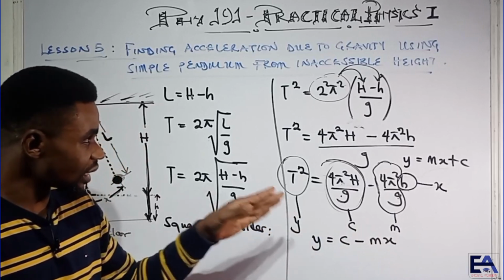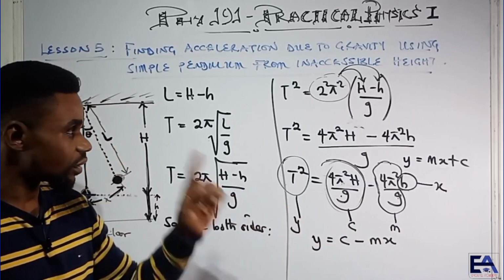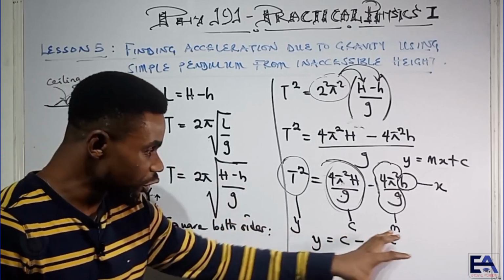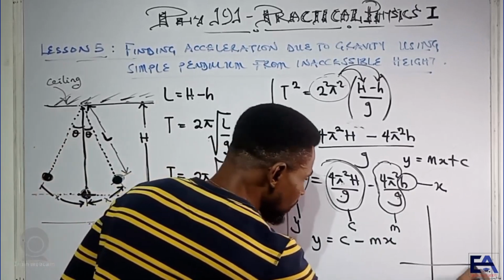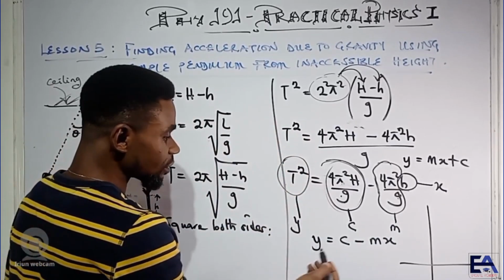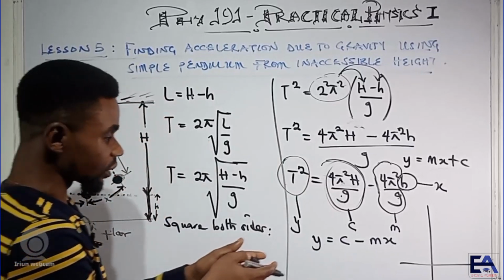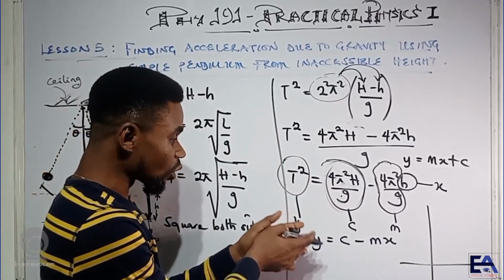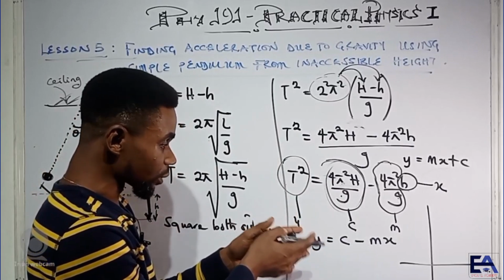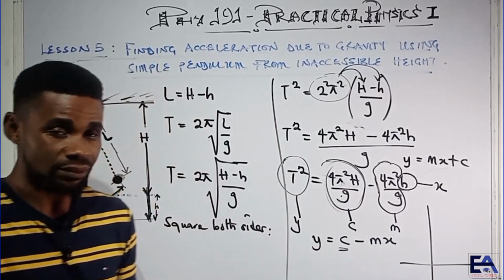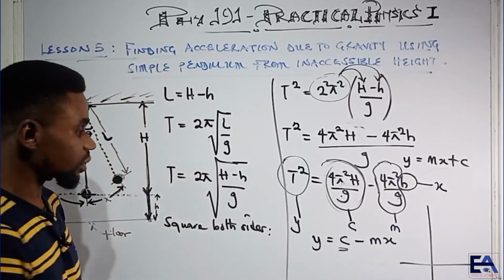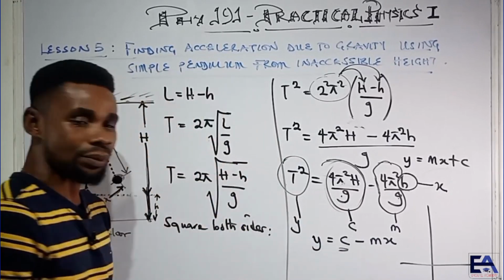So what does this tell us? Number one message we can deduce from this is that if we have the graph this way, the graph does not cut across the origin. The graph cuts across somewhere around the positive side of the y-axis. And that is the reason why we are having a positive c. But the graph has a negative slope.